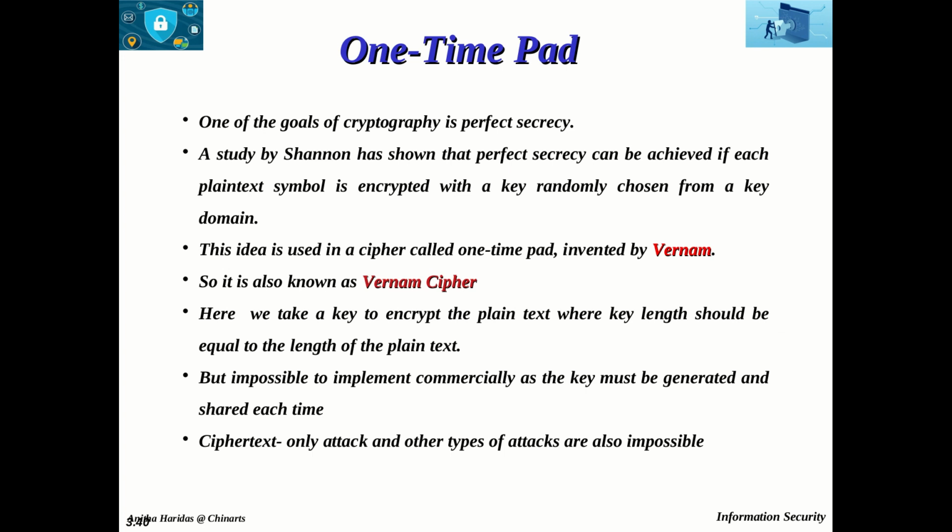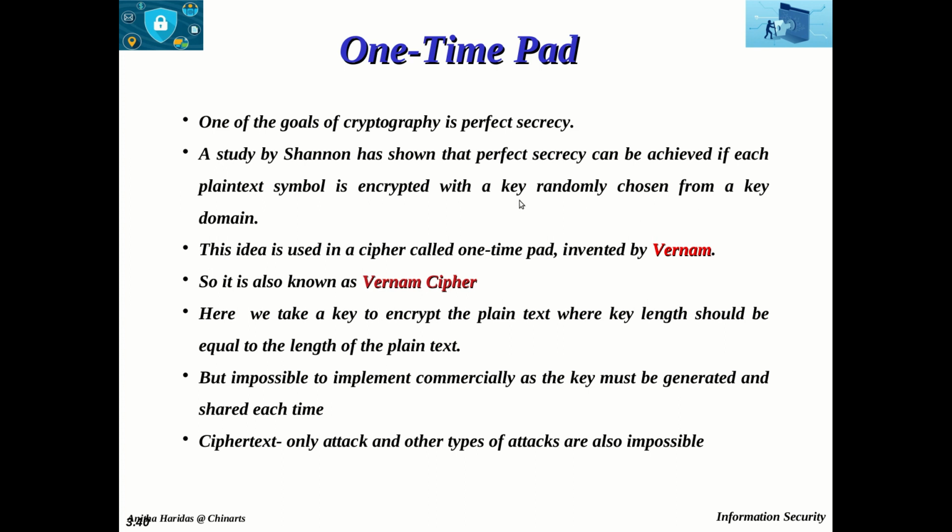Now the next cipher is called the one-time pad. Now if you observe, one of the goals of cryptography is perfect secrecy. We need perfect secrecy. Now a study by Shannon has shown that perfect secrecy can be achieved if the plain text symbol is encrypted with a key randomly chosen from a key domain.